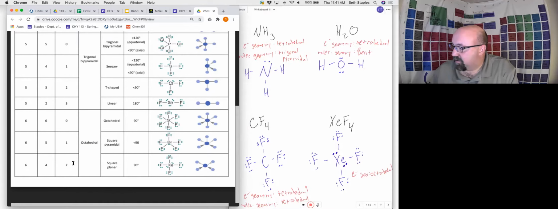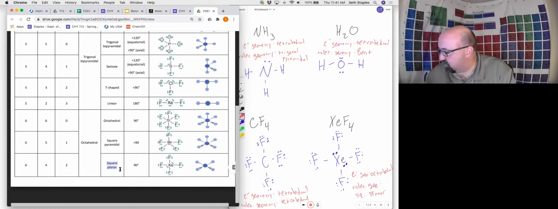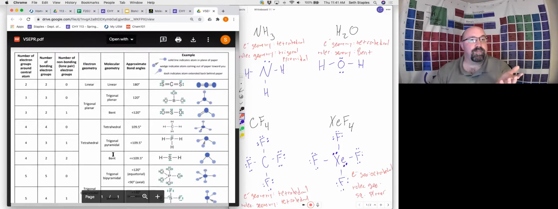So again, 1, 2, 3, 4 bonding domains, 1, 2 non-bonding domains. And so our molecular geometry is square planar.